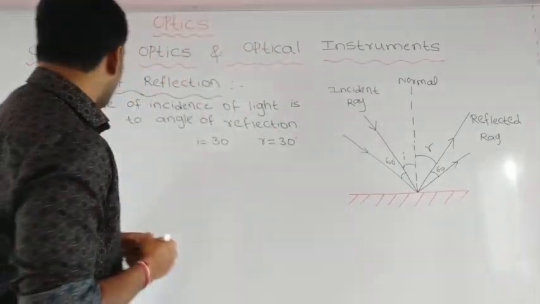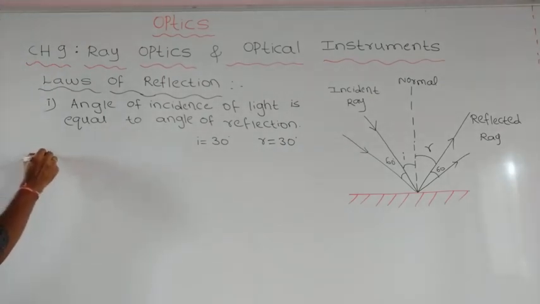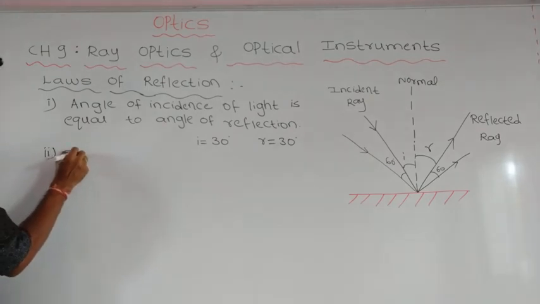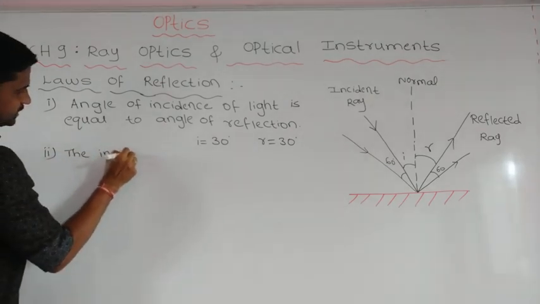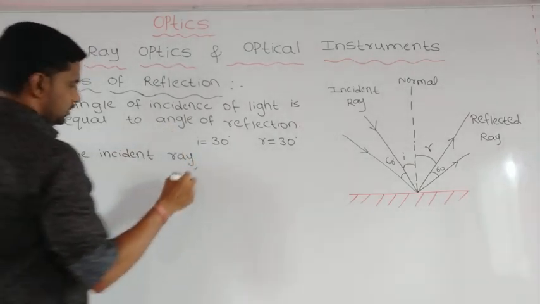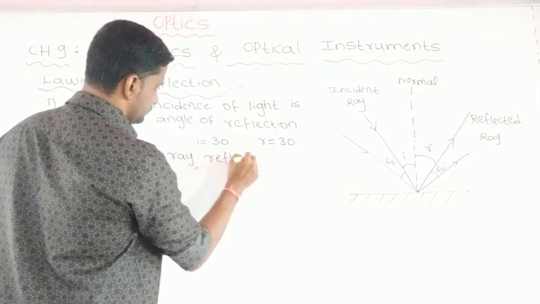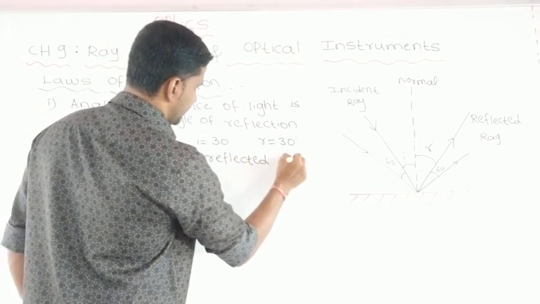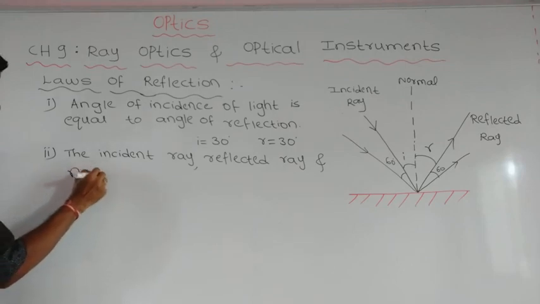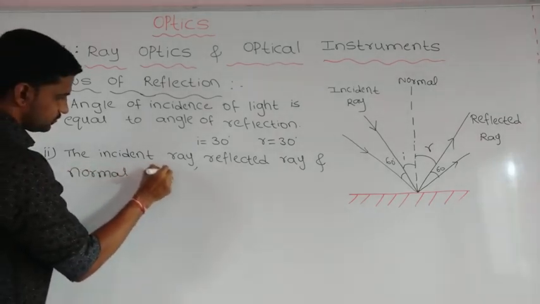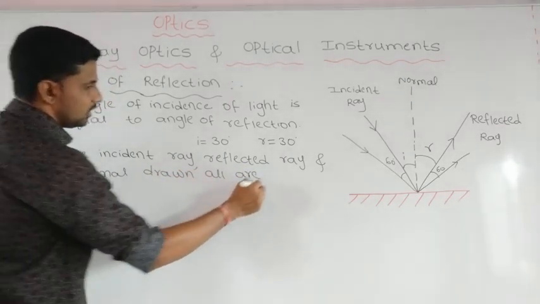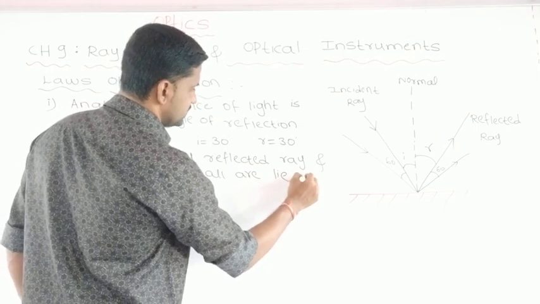And the second law of reflection tells that the incident ray, reflected ray and normal drawn all lie in the same plane.